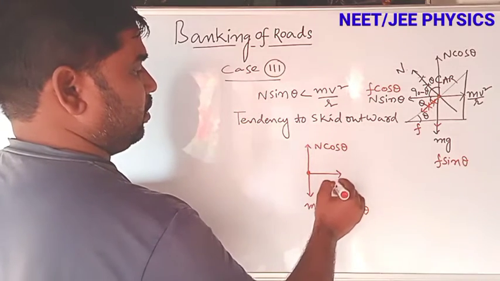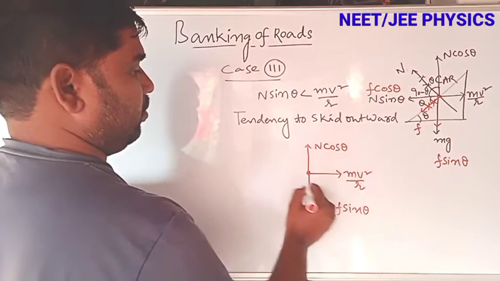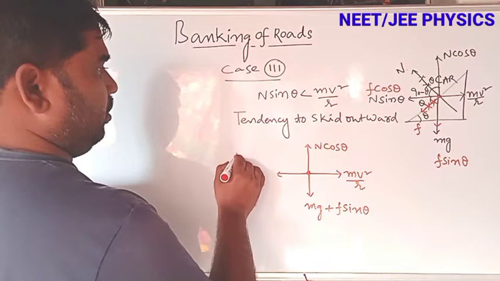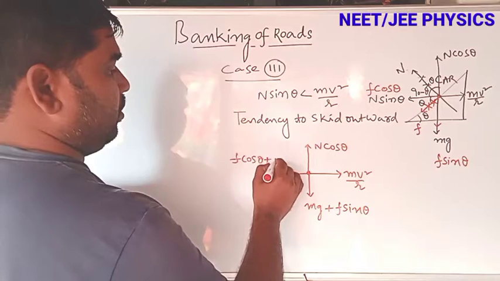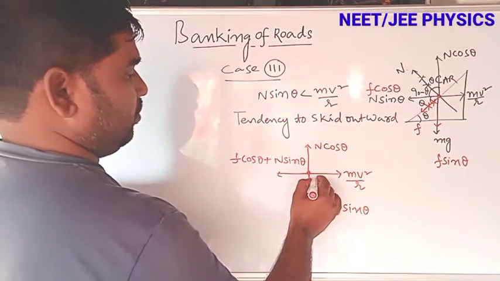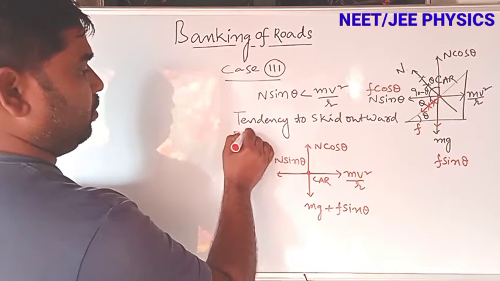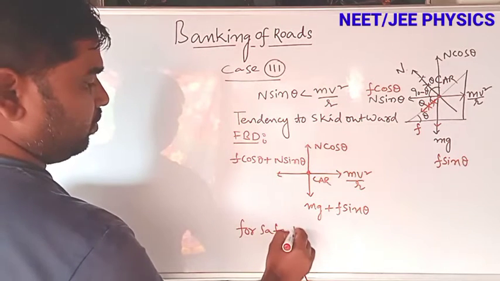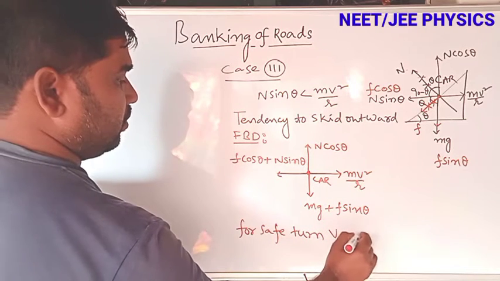Outwards, the centripetal force mv square by r, and inwards F cos theta plus N sin theta is acting. These are the forces acting on the car in the free body diagram. For a safe turn, all forces must be equal and opposite.